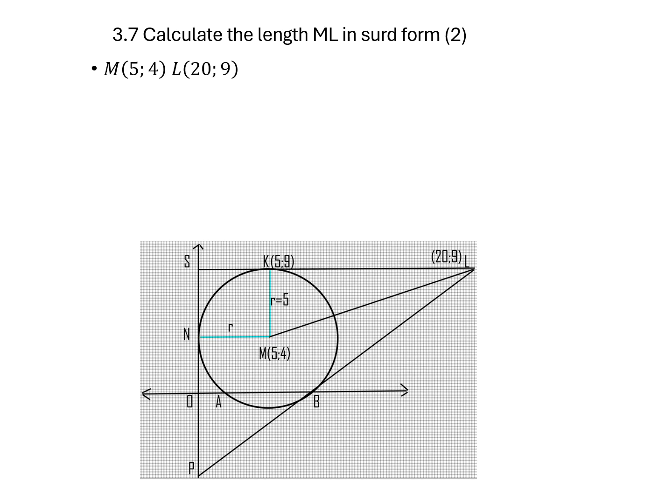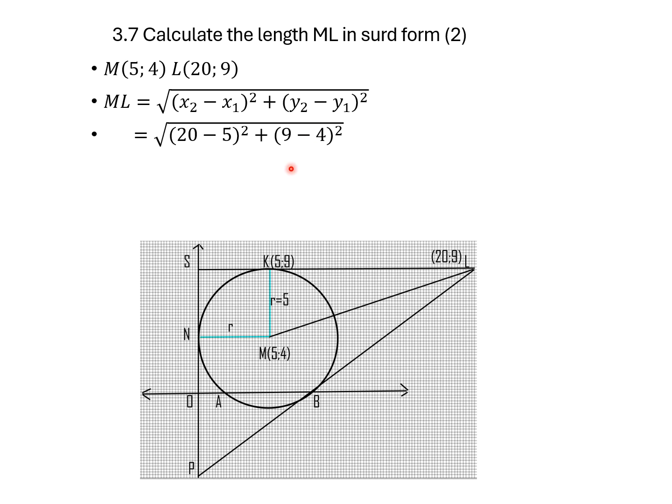Next question. Calculate the length ML in surd form. So we want to know how long it is from M to L. So we know this is 5 and 4, and that is 20 and 9. Substitute into the distance formula. So ML equals the square root of x2 minus x1 squared plus y2 minus y1 squared, which equals the square root of 20 minus 5 all squared plus 9 minus 4 all squared.